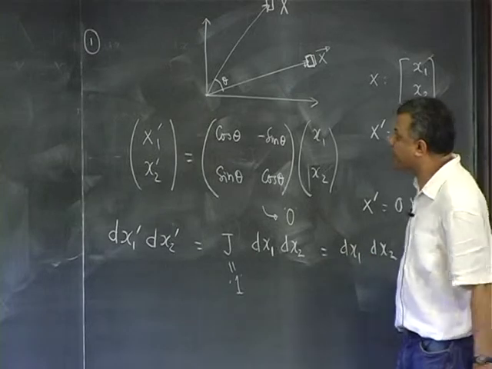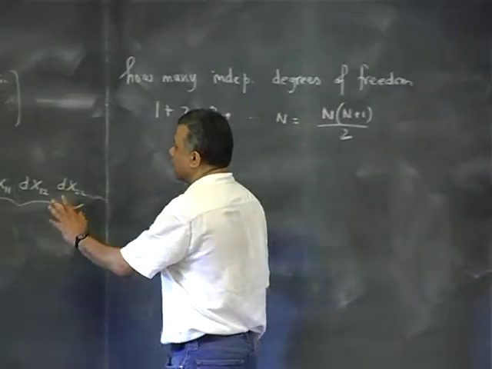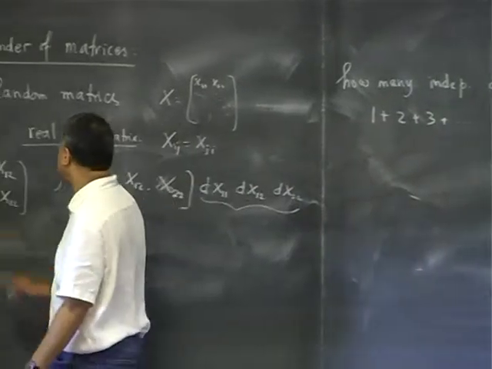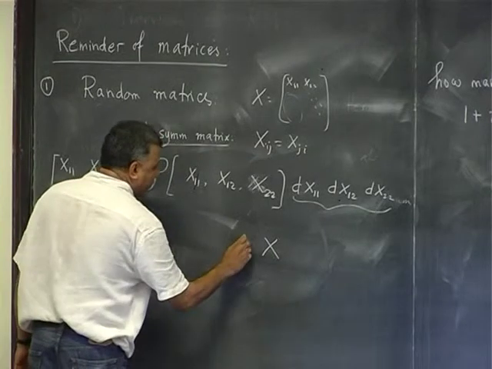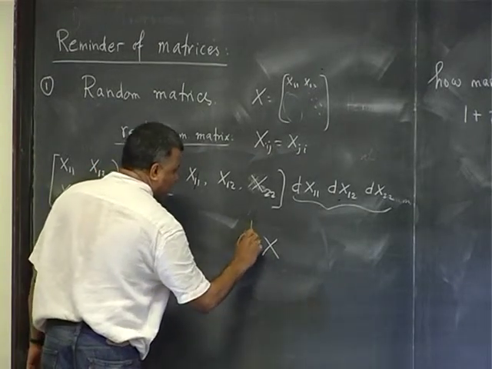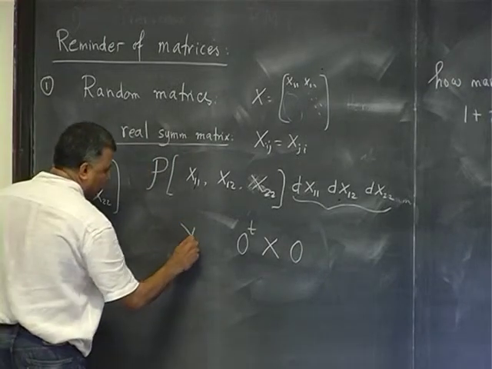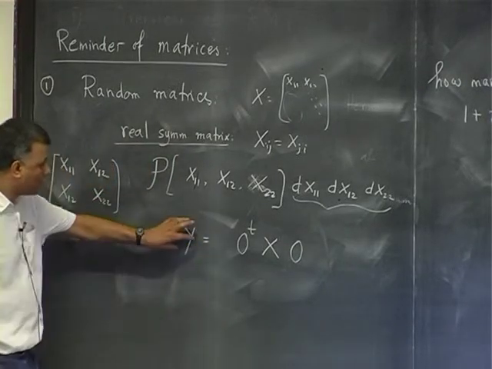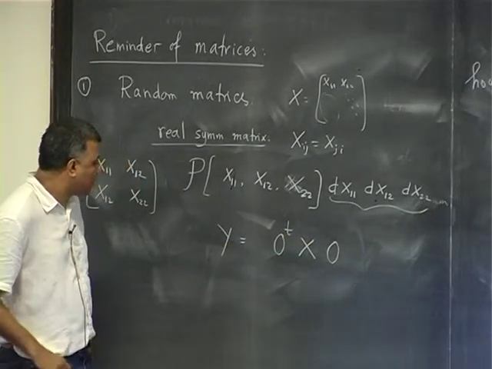Now, suppose I want to do it to this one. I have this matrix X, and I want to make an orthogonal transformation. That means I multiply it by O transpose and O, and I get a new matrix Y, which also is real symmetric because this is an orthogonal transformation.